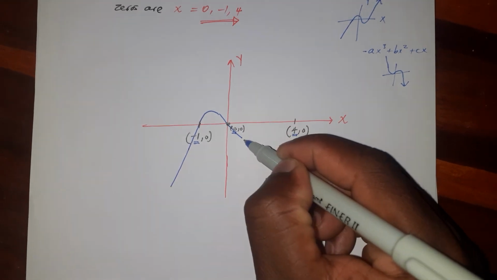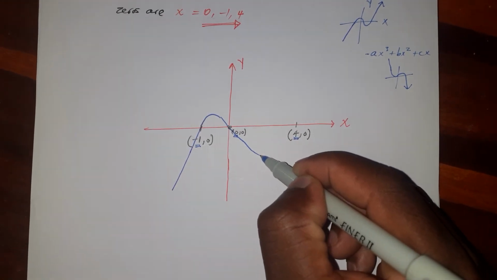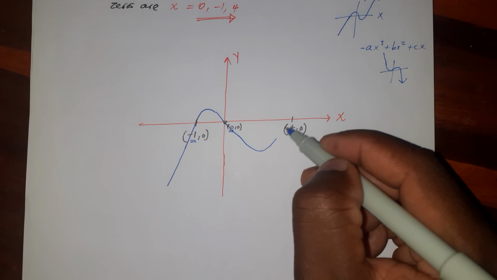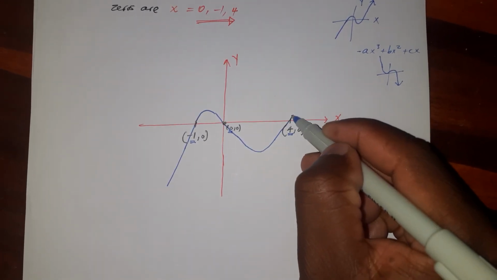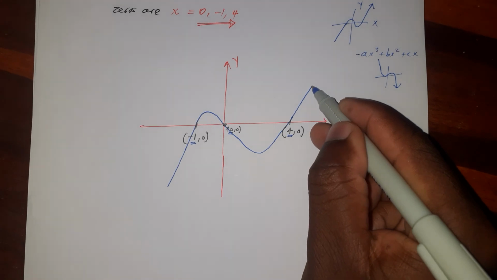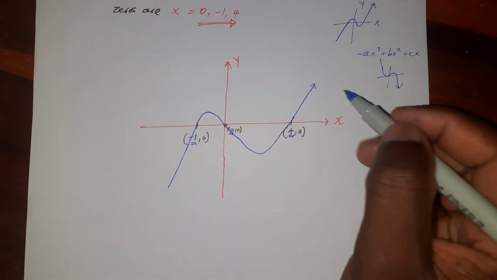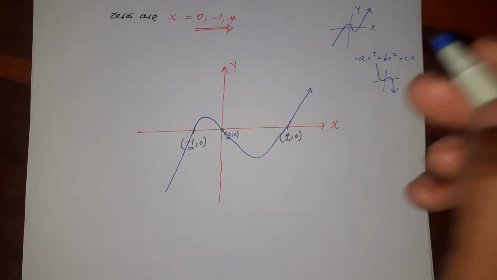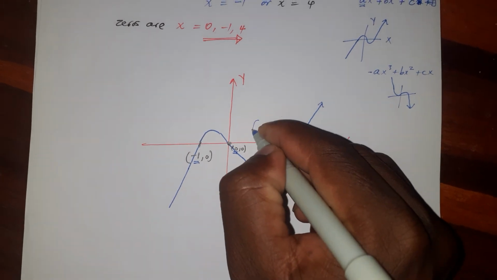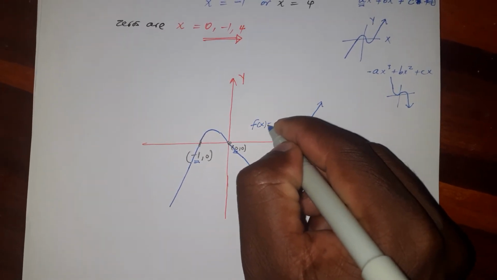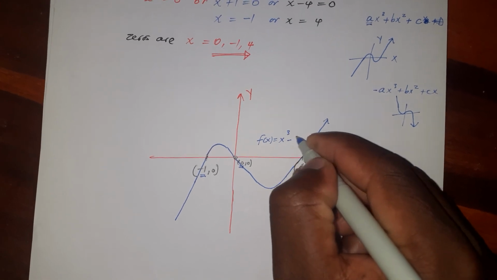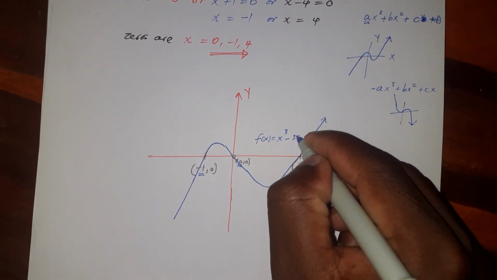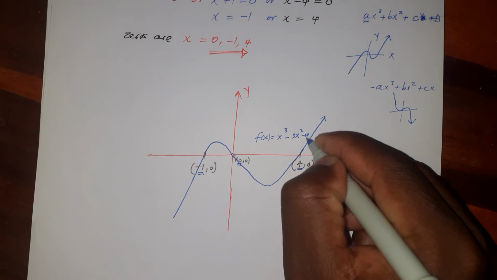It goes downwards and then it goes up again, crossing at that point. So we have to indicate that this is the graph of f of x equals x cubed minus 3x squared minus 4x.